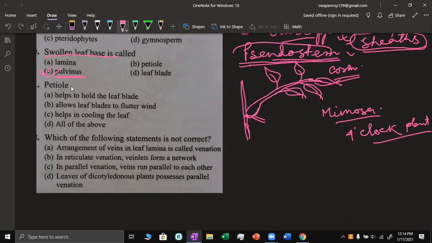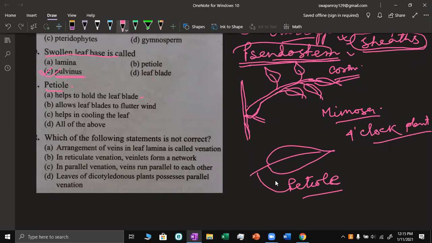Next is petiole. It helps to hold the leaf blade. You know, the leaf blade is the flat green portion of the leaf. So petiole is the stalk of the leaf. In some cases the petiole is small, in some cases it is very long also.